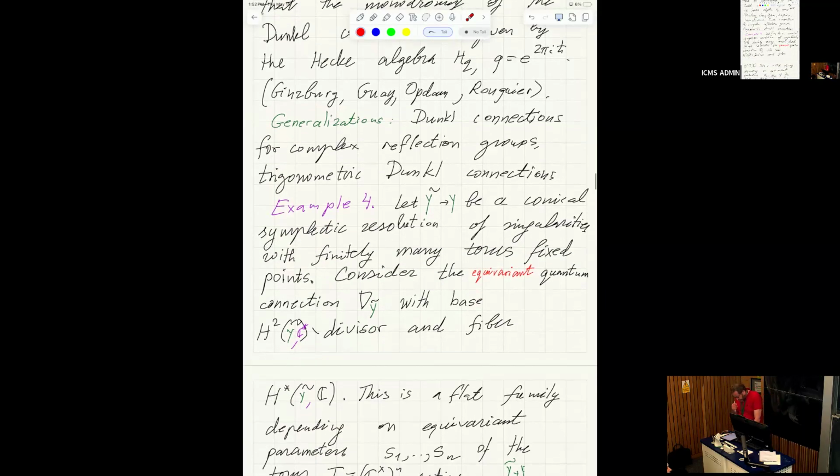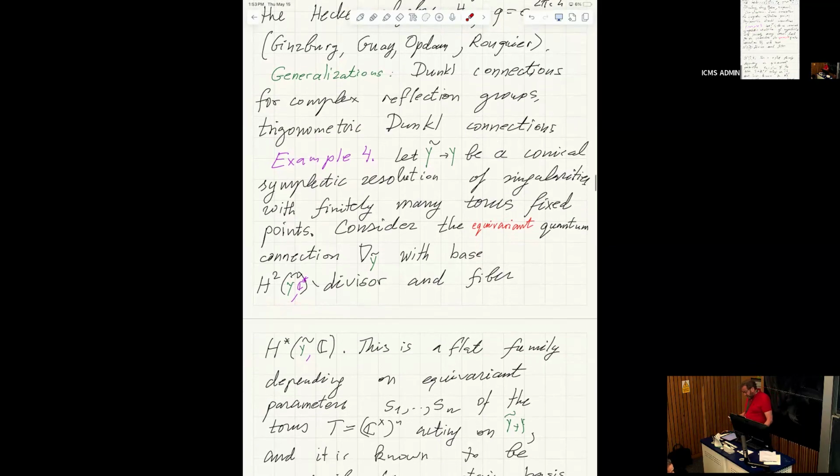It's a connection living on the base, which is the second cohomology of this resolution with values in C star. It's a torus with some divisor removed. At least it is conjectured to be that way, and it is so in many examples. And the fiber is the total cohomology of this resolution.